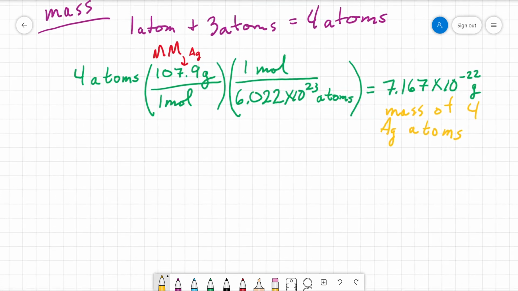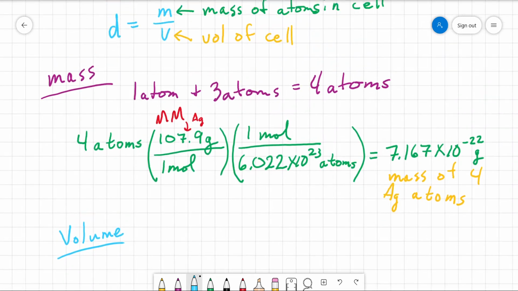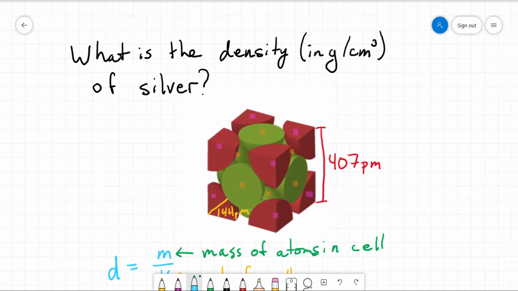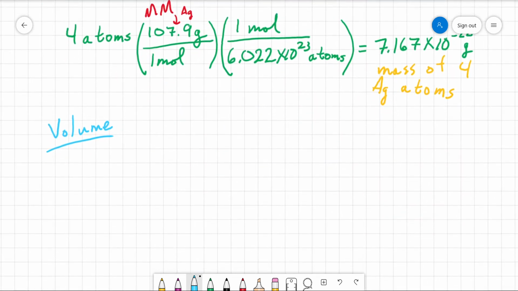Okay, now let's do the volume. Let's calculate the volume of our unit cell. And if we look back to the top, we need it in grams per centimeter cubed. We have the side in picometers, so we've got to go from picometers to centimeters.